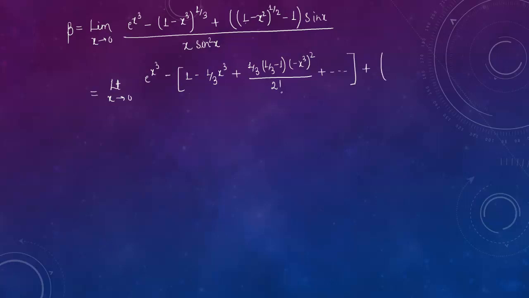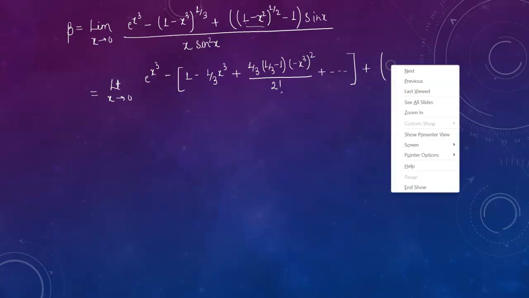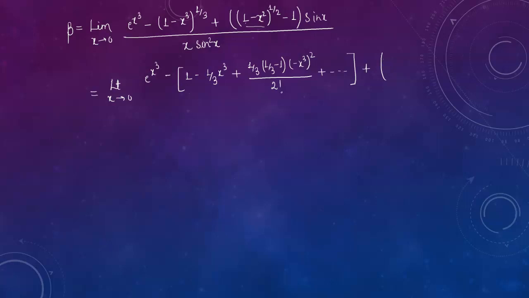Again applying binomial expansion in this term, which should be 1 minus 1 upon 2 x square plus 1 upon 2 into 1 upon 2 minus 1 upon 2 factorial into minus x square whole square, and so on, and minus 1, and here there will be a term sin x.